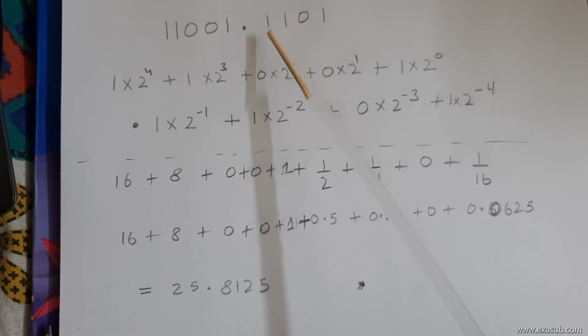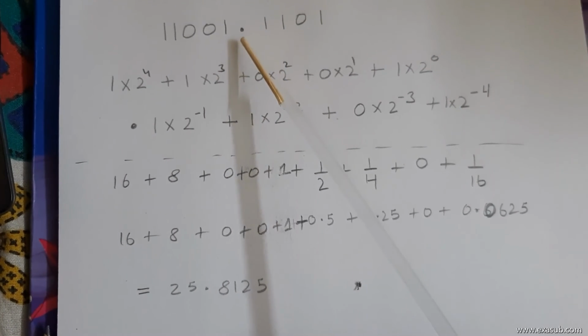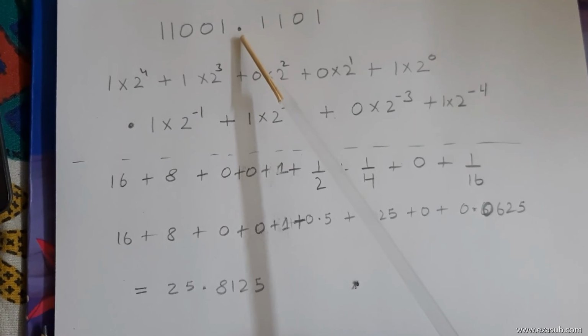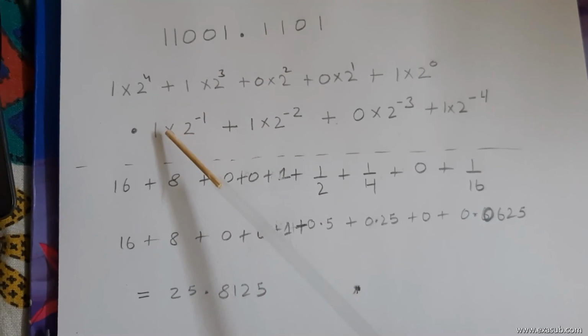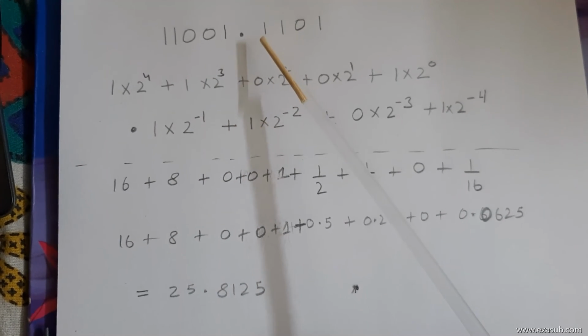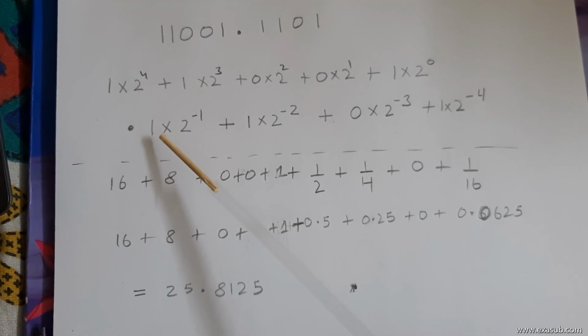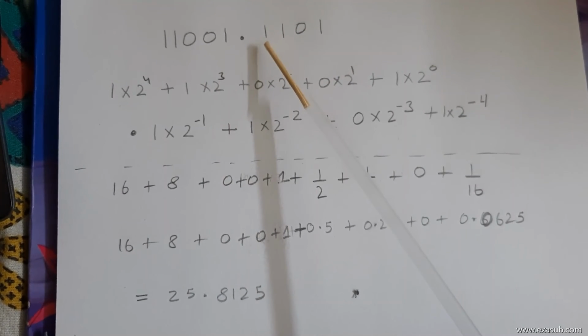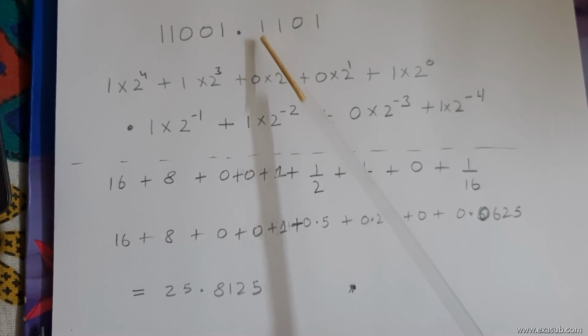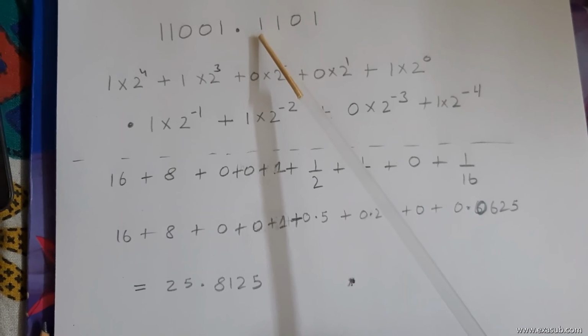Similarly, if we move to the right of the binary point, the face value of the digit is 1, and the positional value will start from -1.